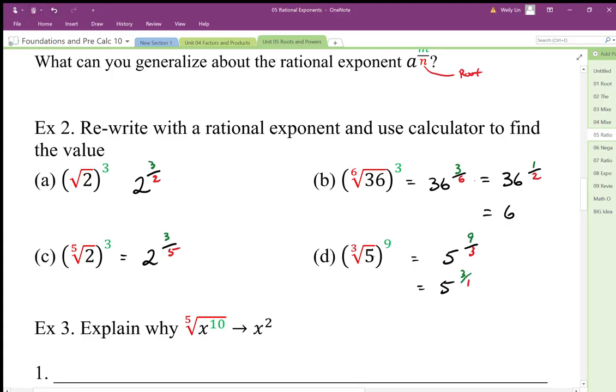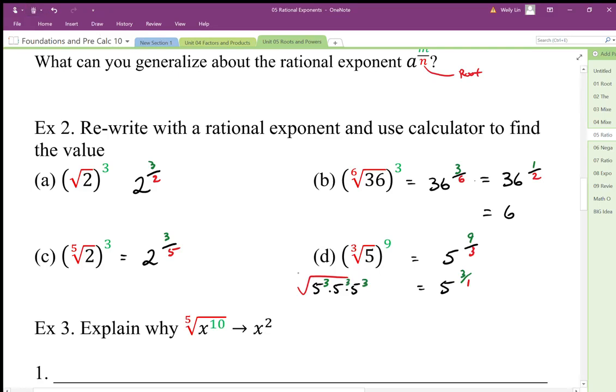So that means that there are 3 cubes that can be pulled out of here if I rewrote this, which is true. If I rewrite this, instead of 5 to the power 9, I can write 5 to the power 3 times 5 to the power 3 times 5 to the power 3, like that.